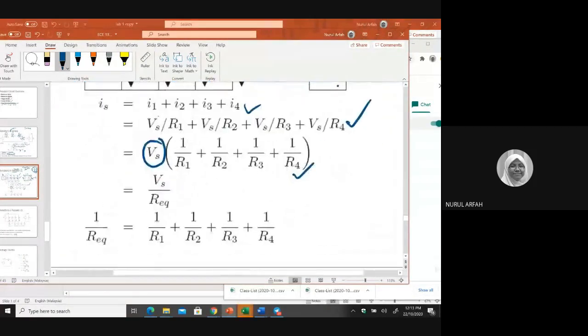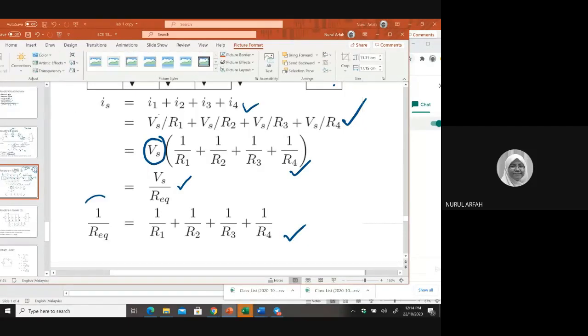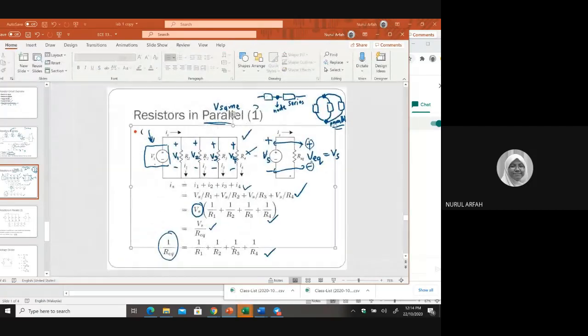And then you can put it as a method like this. And this 1 over R equivalent is equal to this value. And basically on your left side here is this one, and on your right side here is this part.